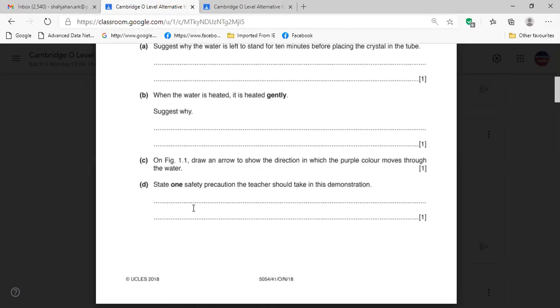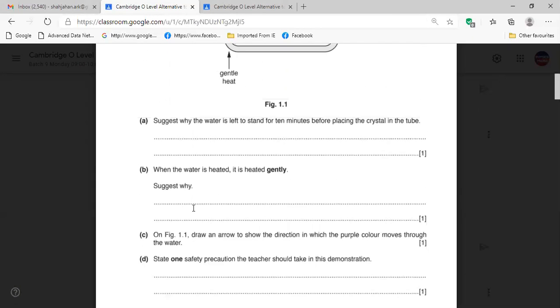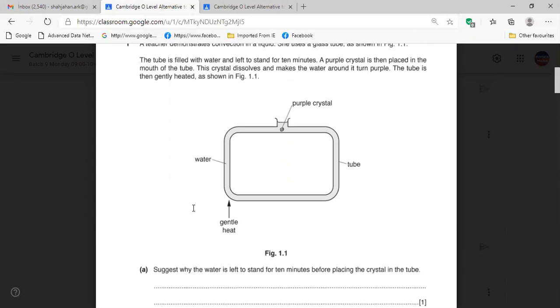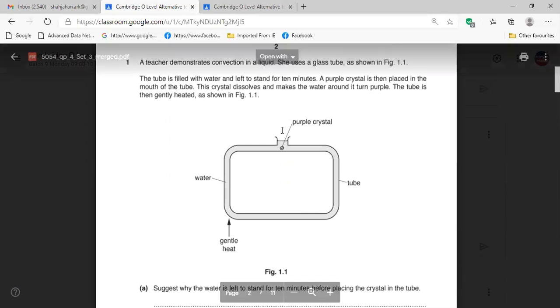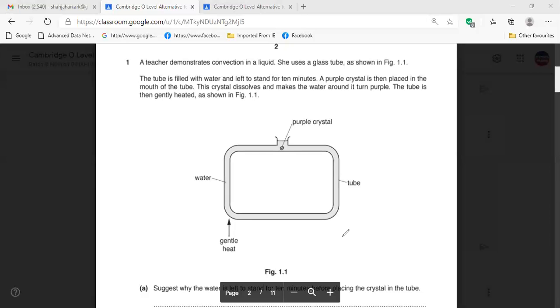Then next, can you read, Abir, question C, part C? On figure 1.1, draw an arrow to show the direction in which the purple color moves through the water. Okay, so this one is easy, right? You can show the arrow any way, but the direction should be correct, like from here it goes up.